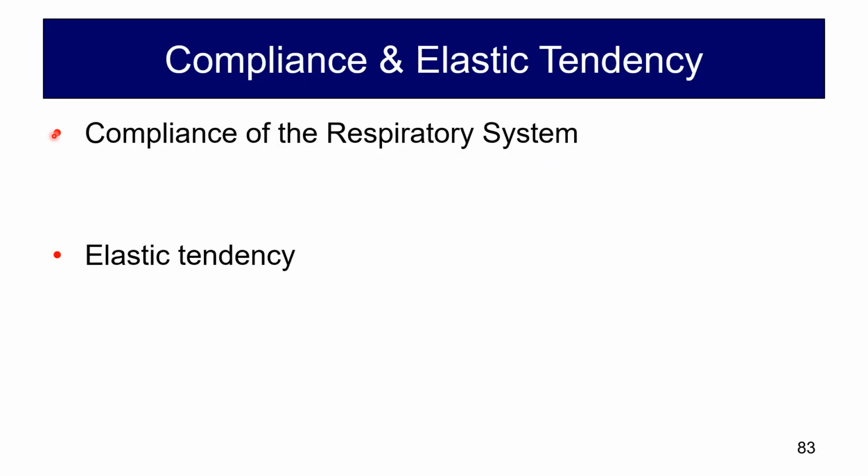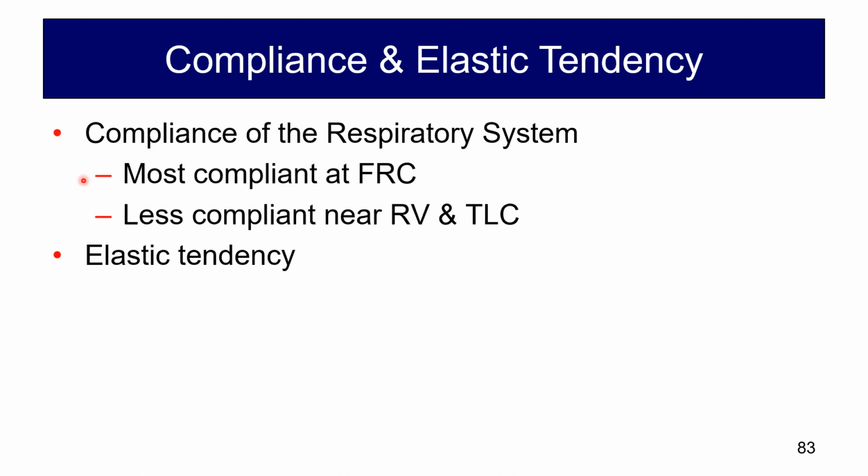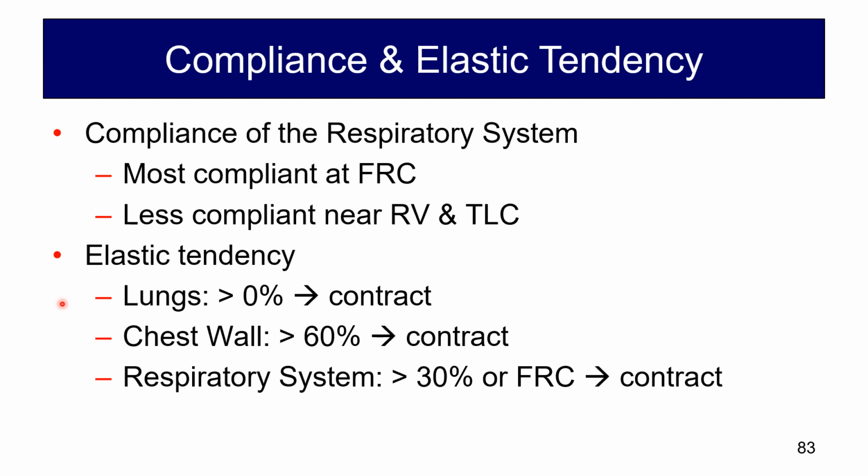So let us summarize things at this point. With regards to compliance of the respiratory system, it is most compliant at FRC and least compliant at RV and TLC. With regards to elastic tendency, the lungs have a monophasic elastic tendency. As much as possible, it wants to contract or collapse. The chest wall, on the other hand, has a biphasic elastic property, and the inflection point is 60%.